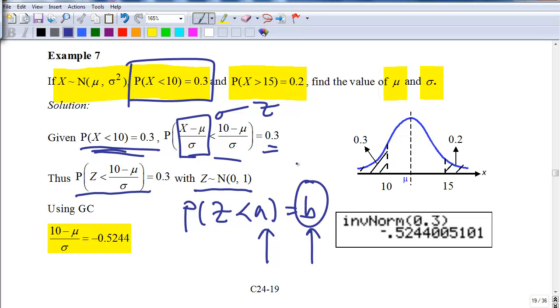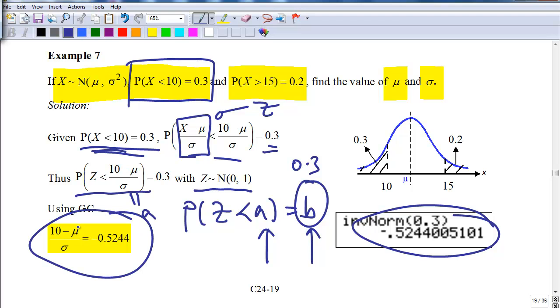In this case, my B is 0.3. So if I use my GC, inverse norm 0.3 gives me minus 0.5244. So straight away I know my A is this number. That's why 10 minus mu divided by sigma equals minus 0.5244. Now I've got one equation linking mu and sigma, but that's not enough. I need another one, and the other equation will come from this piece here.